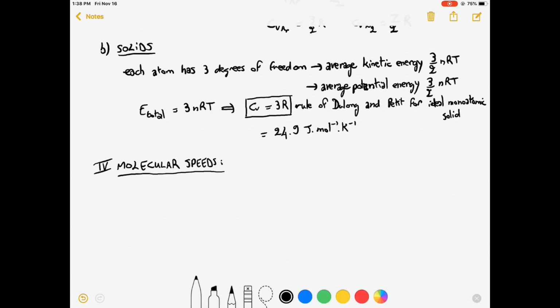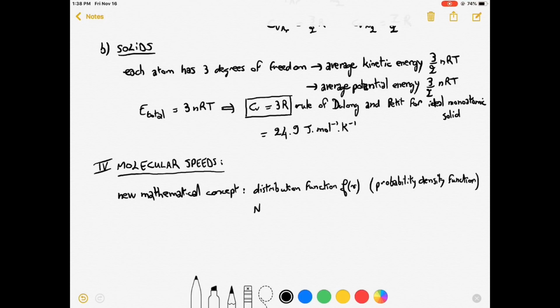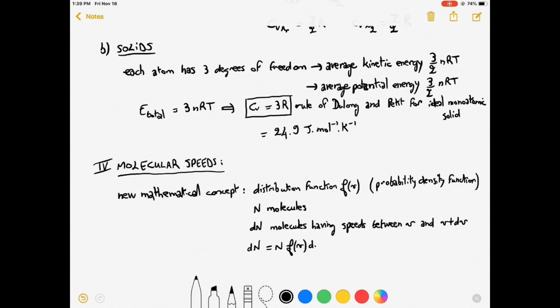Instead, we're going to discuss a new mathematical concept, the concept of a distribution function, which is also a probability density function. And so if you have N molecules, and you call dN the molecules having speeds between v and v plus dv, the distribution function is going to be defined so that dN is equal to N f(v) dv.